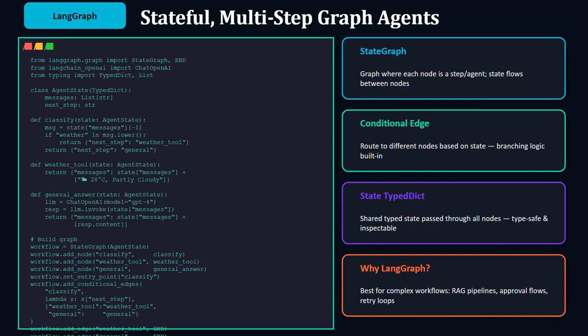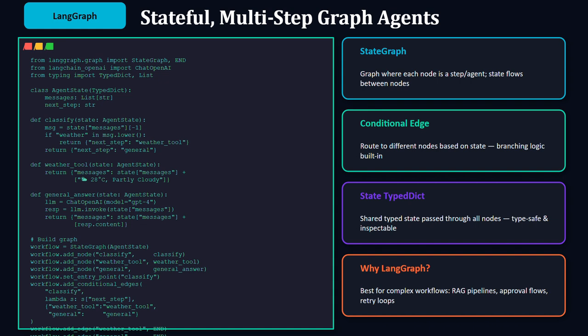Now the same for LangGraph. We are importing LangGraph libraries. We are creating a class AgentState with messages as a list and next step as a string. And here we are building a graph: workflow equals StateGraph, and we are adding nodes as per the requirements.